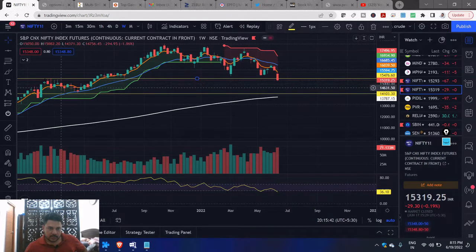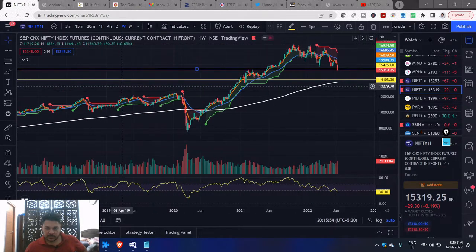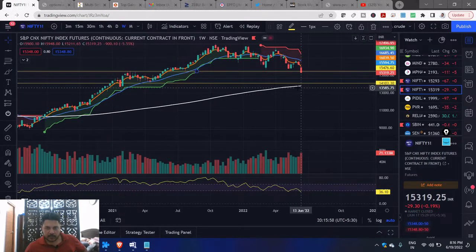I'm marking only those levels where we are finding a lot of 50% candles, and it has spent a lot of time in this zone. So this is a very tight zone and very strong support for Nifty, which is from 15,300 to 14,100. Also this 200 period moving average is pretty close. So the next big support is the 200 period moving average.